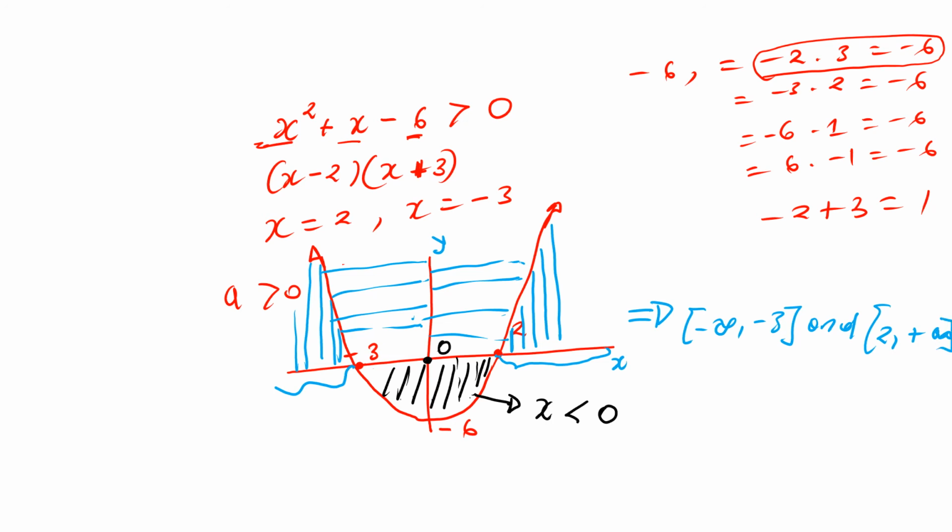In set-builder notation, you say x is less than negative 3 and x is greater than 2. So this is our inequality.